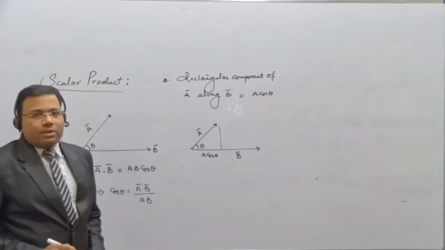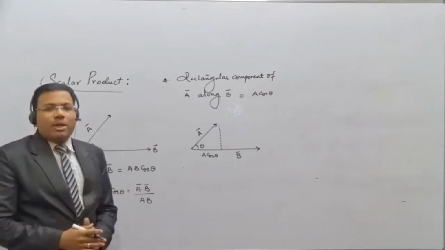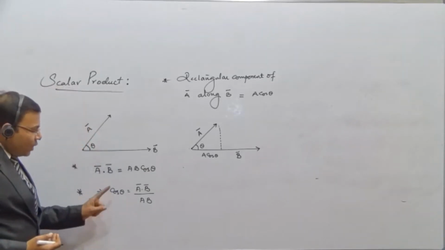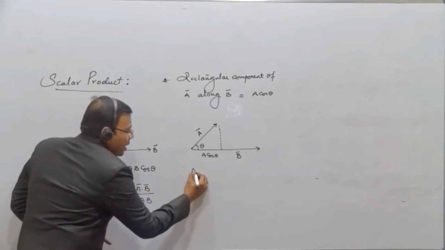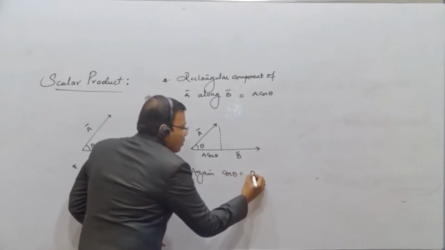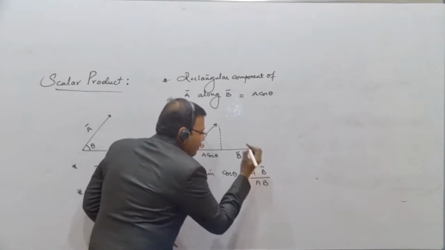Just A cos theta. Now this A cos theta can also be determined by another formula. Which formula? By this one again. Cos theta is equal to A dot B by AB.